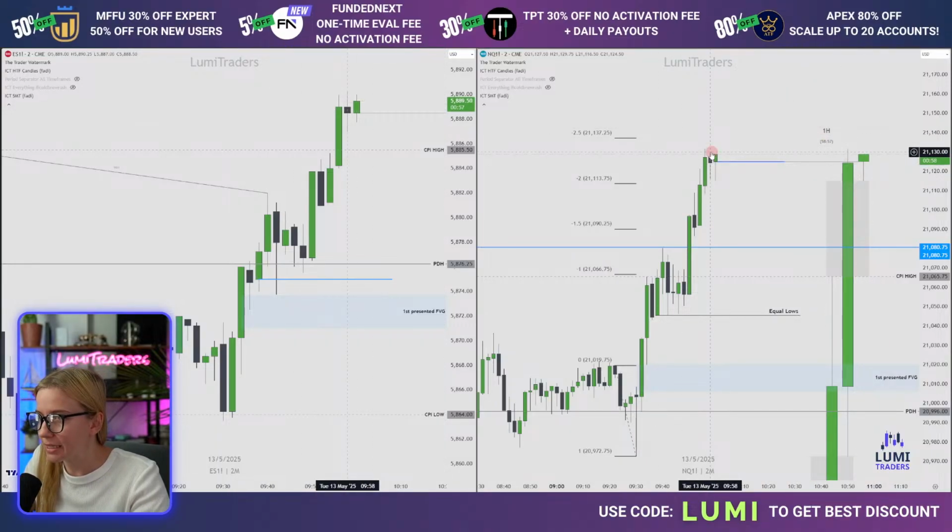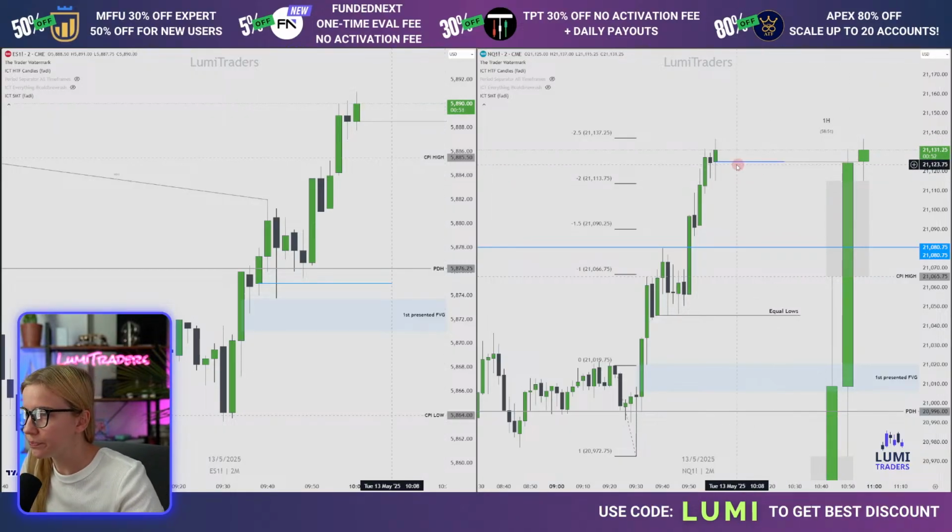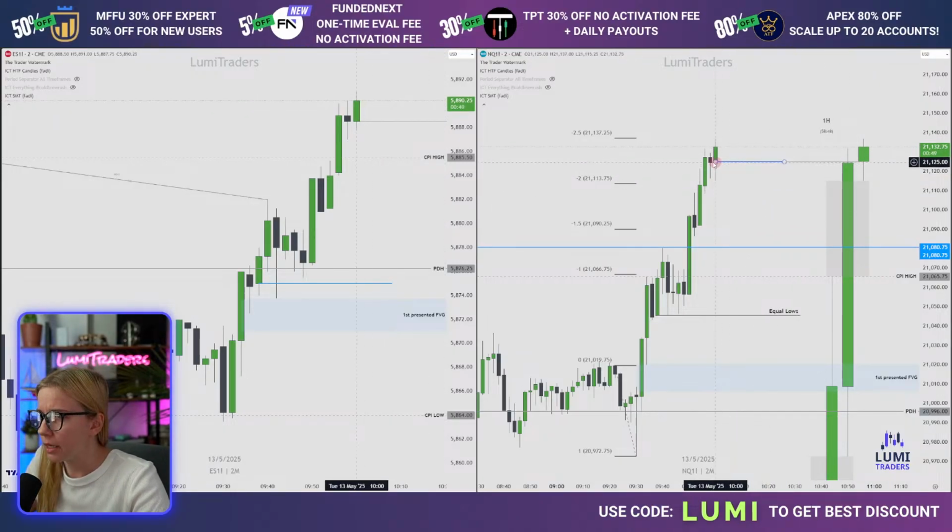What I backtested yesterday was the open of the hourly candle. For example, if I look for a short, I was waiting for the price to trade above the 10 a.m. open on the 2-minute chart.